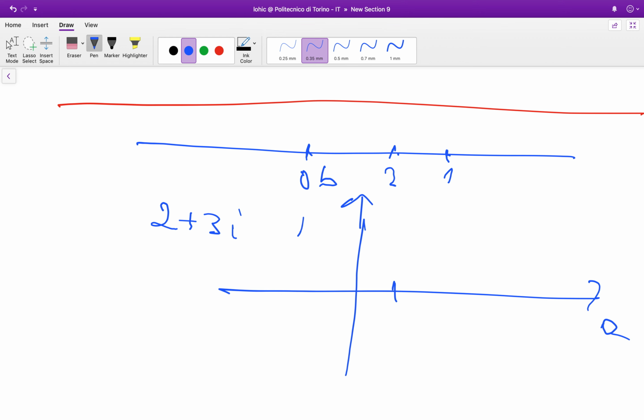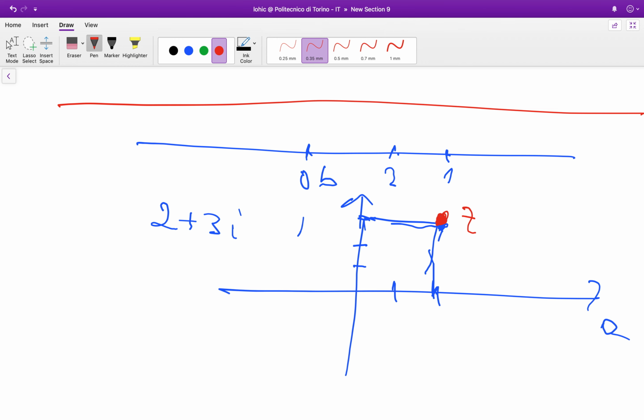So the number will be 2 for a and 1, 2, 3 for b. The meeting position will be our number, this is our z, yes or not?